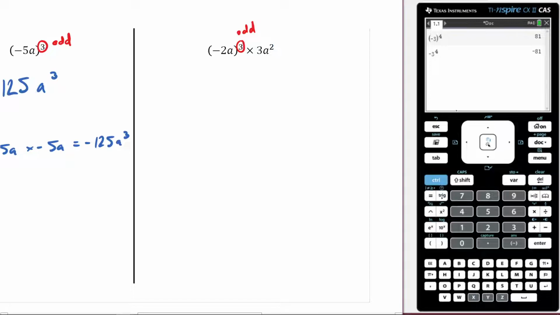So that means right here, what we're going to end up with is negative 8, because 2 cubed is 8, then a to the 3, times 3a squared. 8 times 3 is negative 24, and then I add these because they've got the same base, so it's going to be a to the 5. Perfect. And there is my answer.